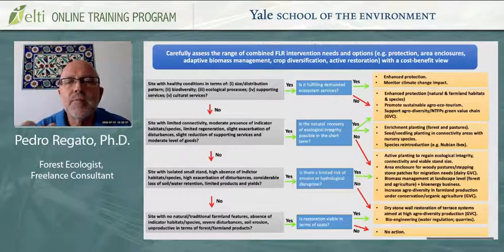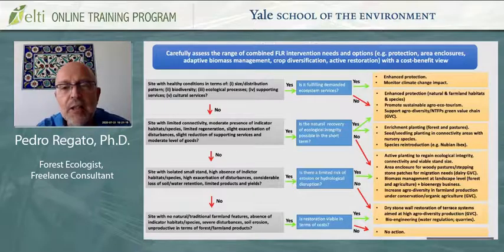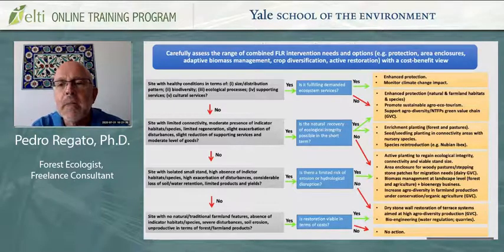Just the message here is that we were looking very carefully, in a dichotomous way, at the site conditions, and according to the site conditions, whether they fulfill demands of ecosystem services, whether the natural recovery of ecological integrity was possible in the short term, whether there is a limited risk of erosion or hydraulic disruption, whether restoration is viable in terms of costs, and then define the type of interventions that were priority for each targeted site in the landscape.